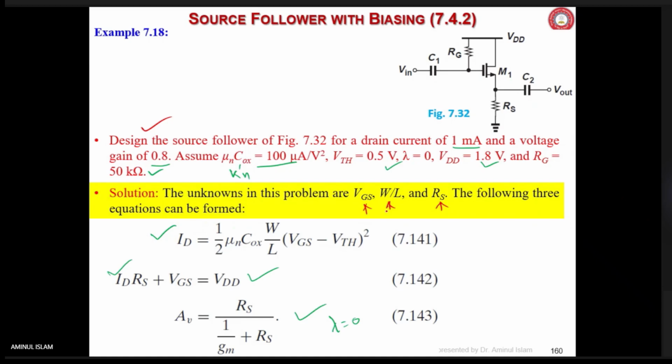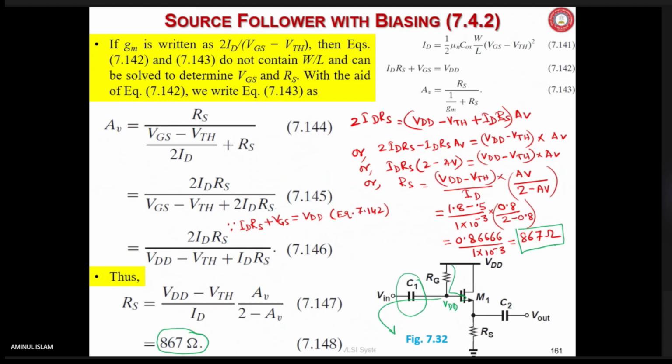So how can you do that? That is the question here. We know these equations from the previous discussion on the slide. Lambda equals 0, and gain is RS by (1 upon GM plus RS). This is all known to us. Now see whether you are understanding or not.